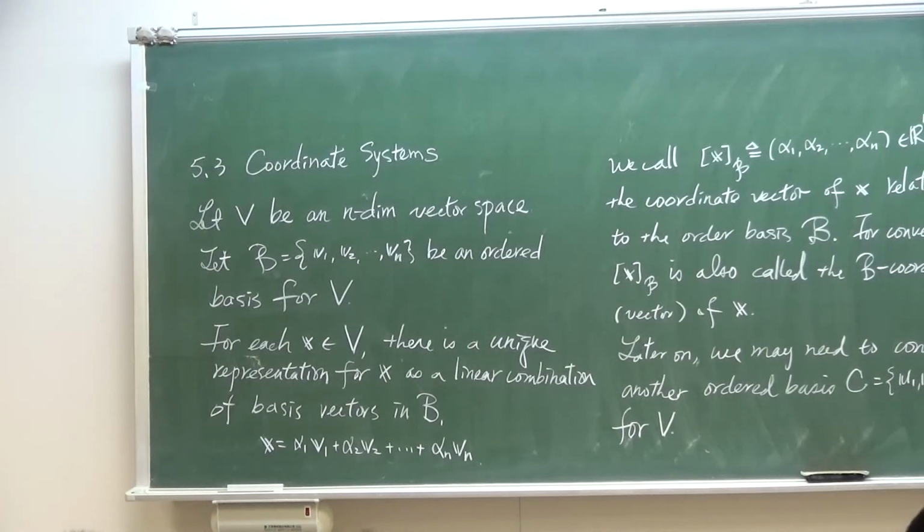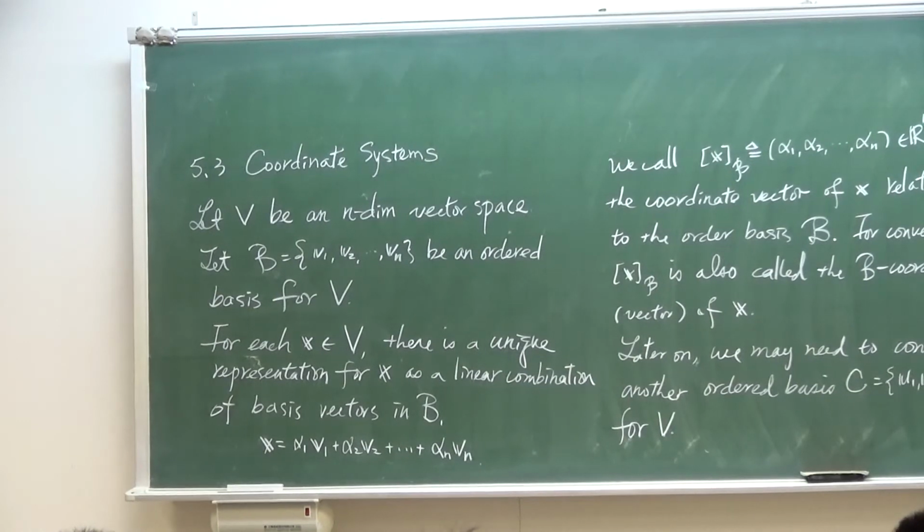The first column is the first basis vector in B, but in the C coordinate system. And the second column is the second basis vector in B, but you take the C coordinate, etc.